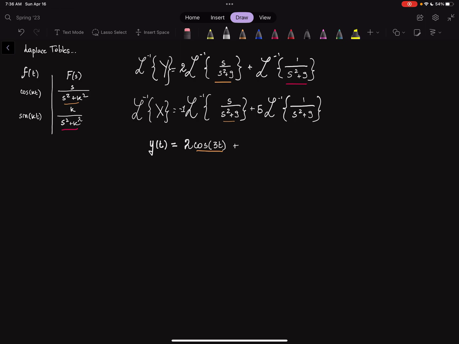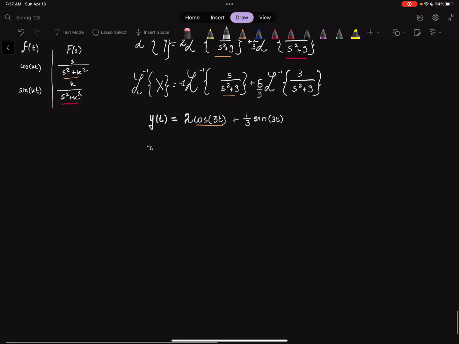If only on top I had the square root of 9. Well, I could multiply by 3 and divide by 3 and then bring that division by 3 out. So that I really just multiplied by 1, but now I can apply that transformation. And so I can say that this is going to be 1/3, and now I match it completely with the sine. So times the sine of the square root of 9, which is 3, times t.